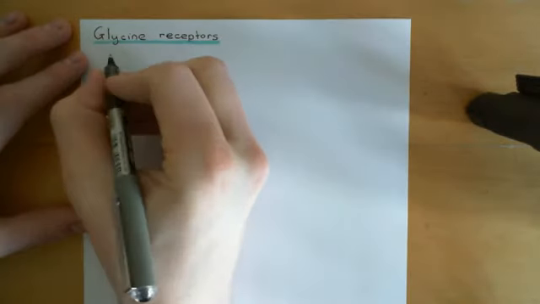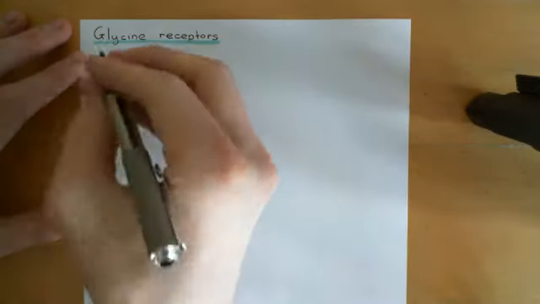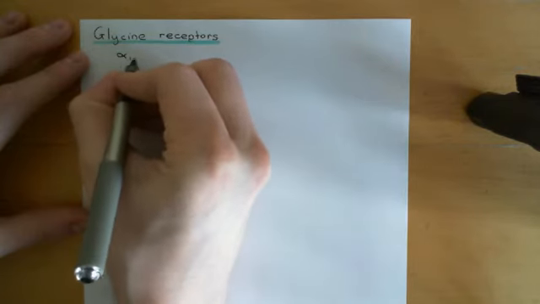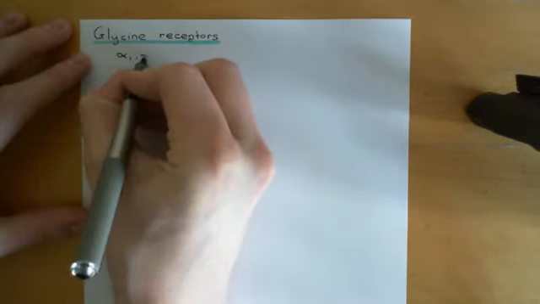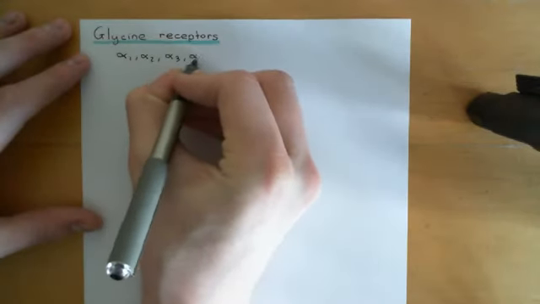So let me start by telling you about the different subunits for glycine receptors. Again, the naming is very similar to what we've seen for the subunits of GABA A receptors and nicotinic acetylcholine receptors. You have 4 alpha subunits that are called alpha 1, alpha 2, alpha 3, and alpha 4.